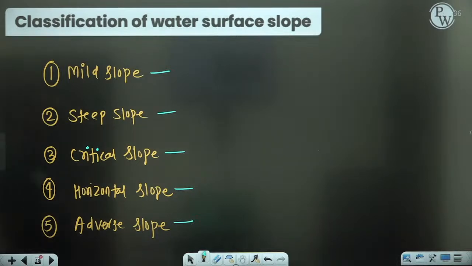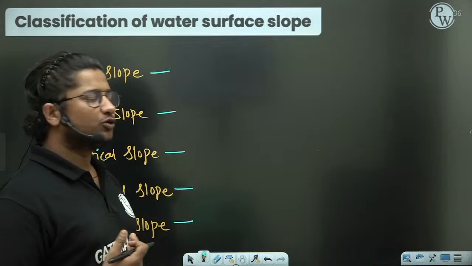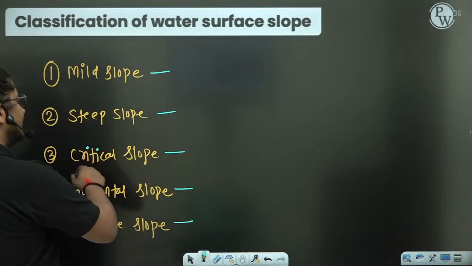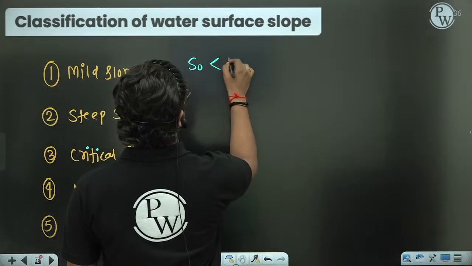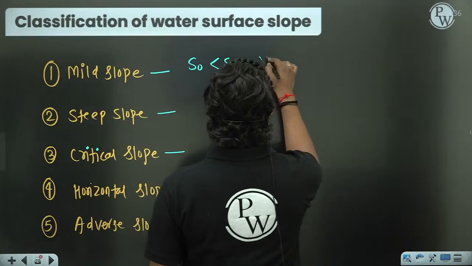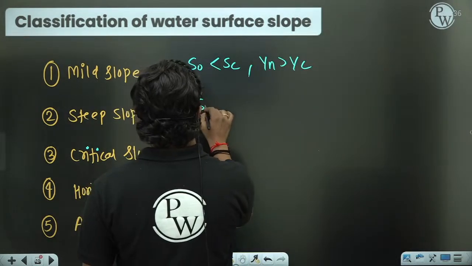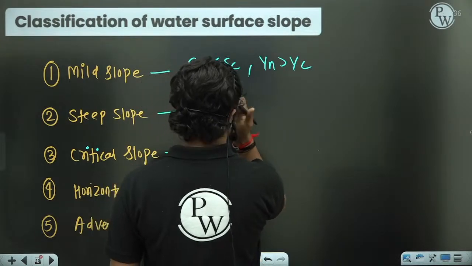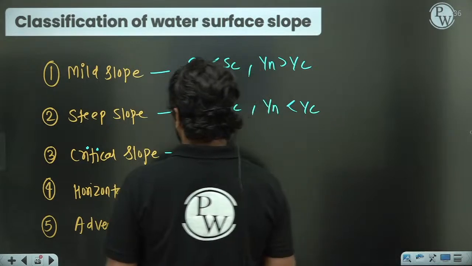Now to classify these slopes, we use the critical slope as a reference. If your slope is less than the critical slope, we call it a mild slope. Here the normal depth will be more than the critical depth. For a steep slope, your slope will be more than the critical slope. Here the normal depth will be less than the critical depth.